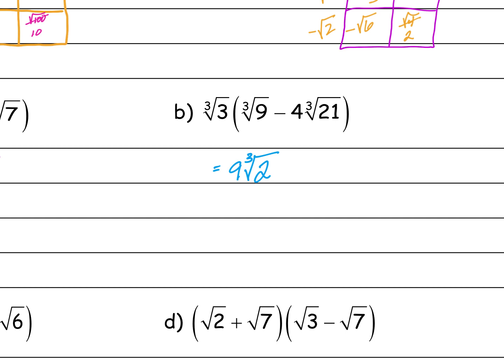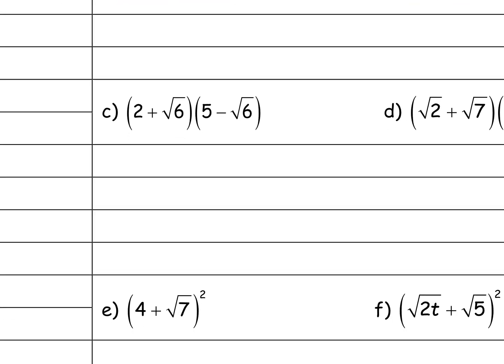Oh, hold on. That's the wrong B. My bad. Helps if I actually choose the right problem to give you the answer to, huh? B, there we go, is 3 minus 4 cubed root of 63. Maybe I should just cross those ones off so I don't write the wrong answer again.